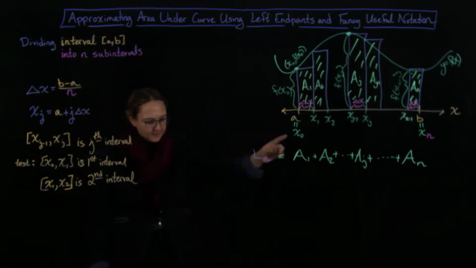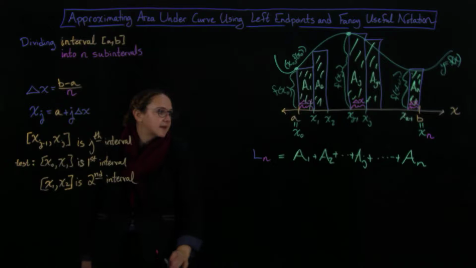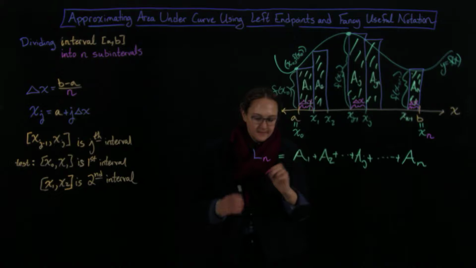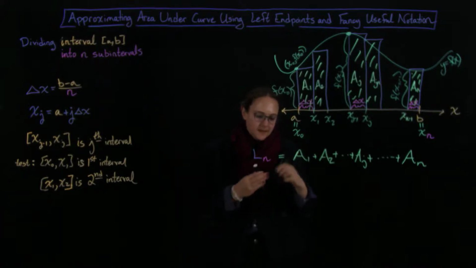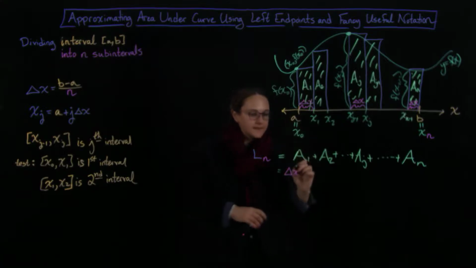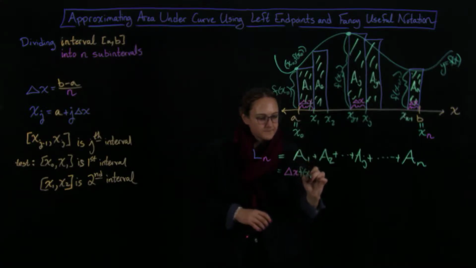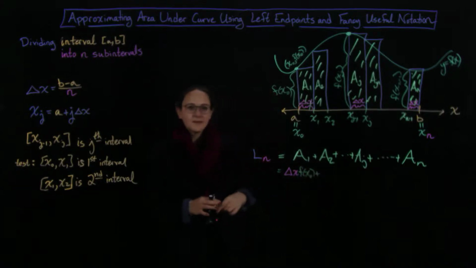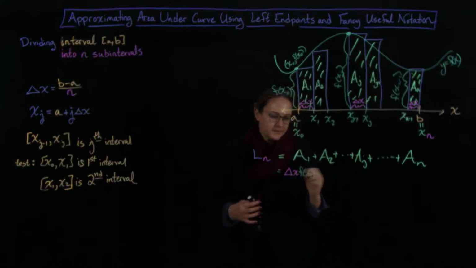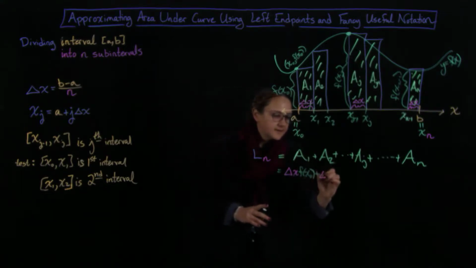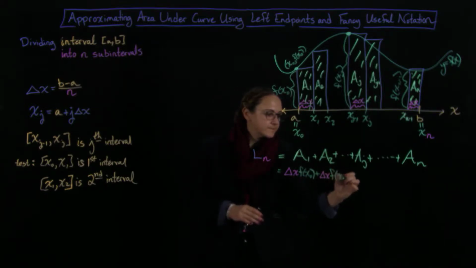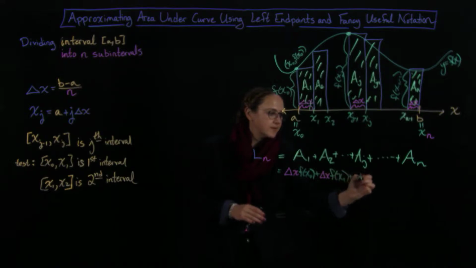Okay, so let's do the next step of this. Each of these has a delta x, and then it has the height. So I have, this is going to equal delta x times, and then my first one is f of x0 plus, and then I have, I replaced my green with another coming green apparently. So then I have delta x times f of x1. I'm going to keep going.